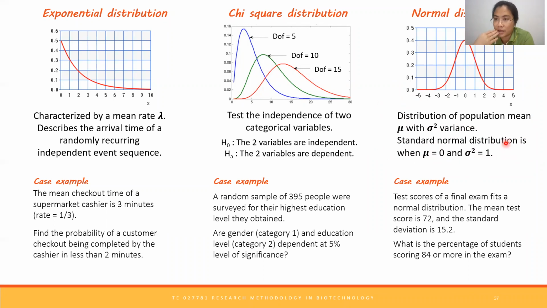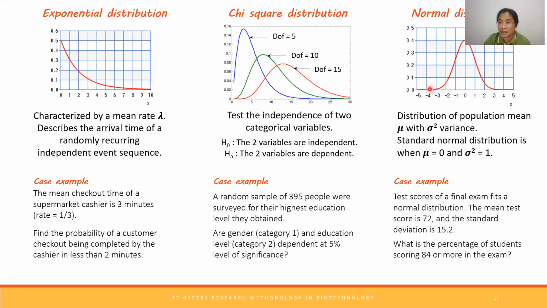The case where we use the normal distribution is as follows. If the test score of a final exam fits a normal distribution, and the mean is 72 and the standard deviation is 15.2, we want to find what percent of students get 84 marks or more in the exam.